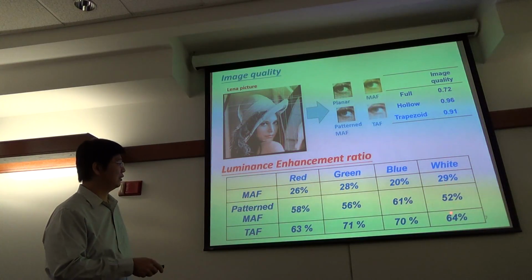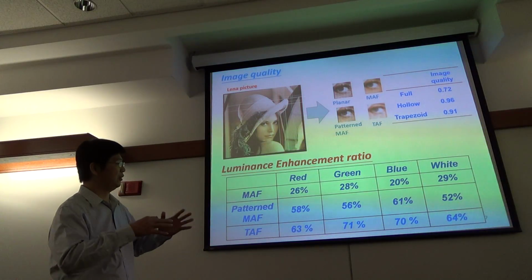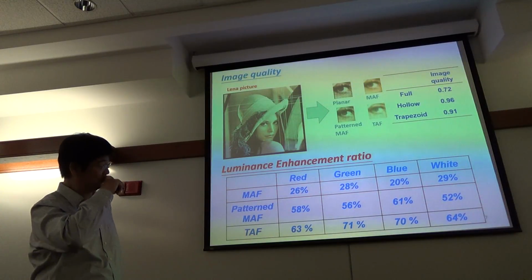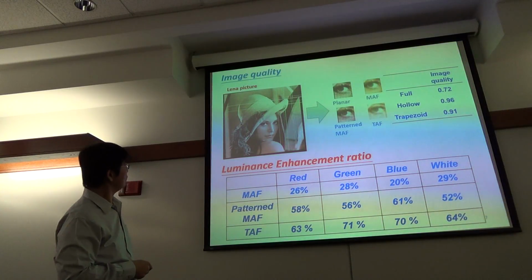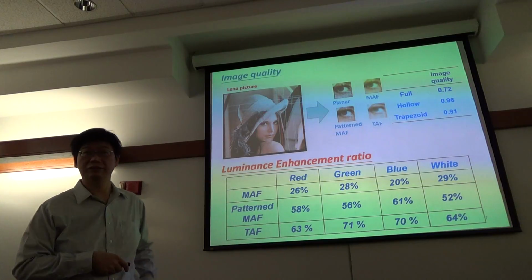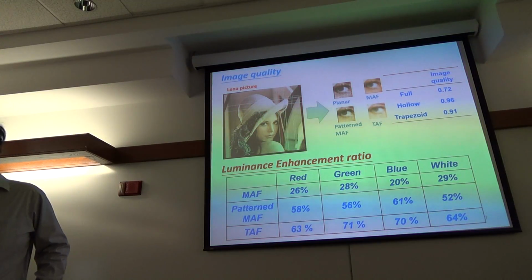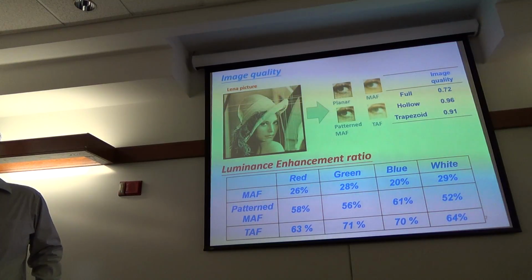For the white one it is 64, higher than the patterned one, because you have the higher aperture ratio. So that's a real display, and the percentage there is the actual extraction efficiency.